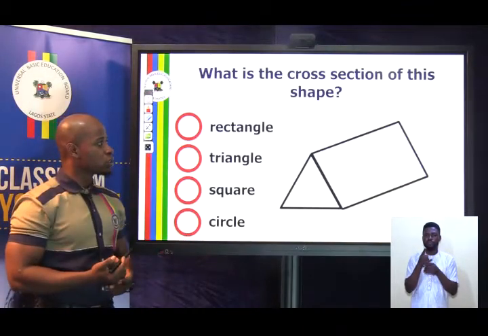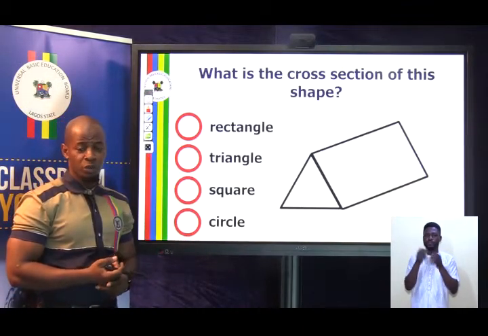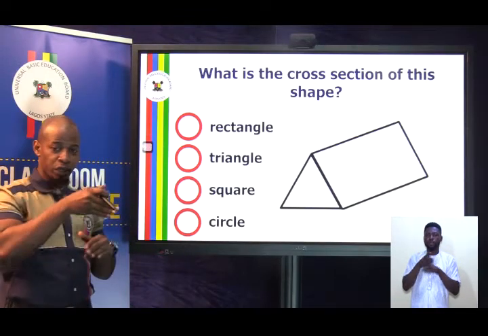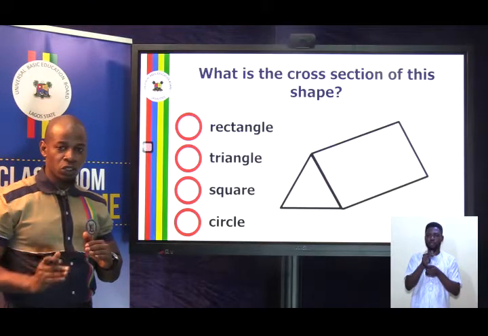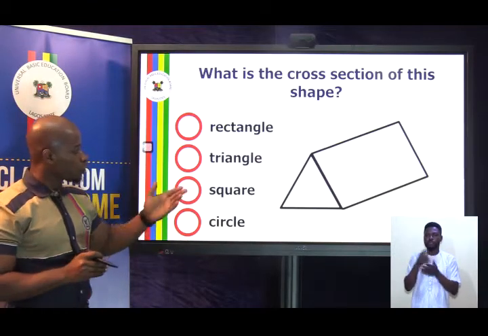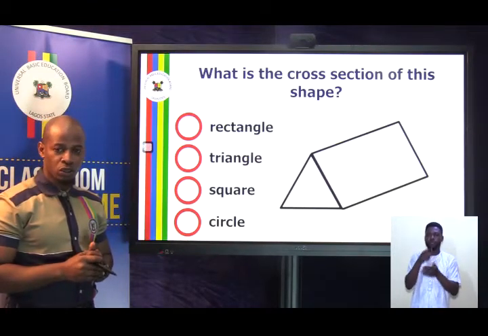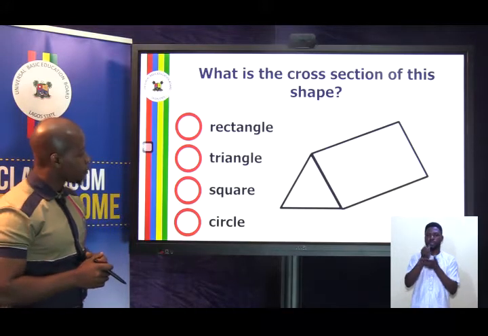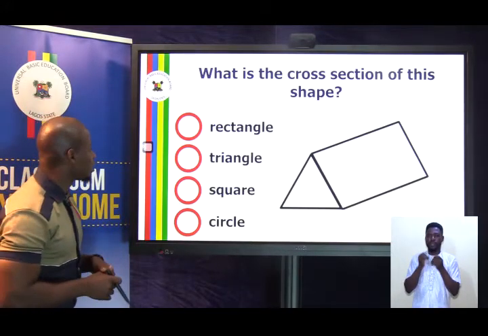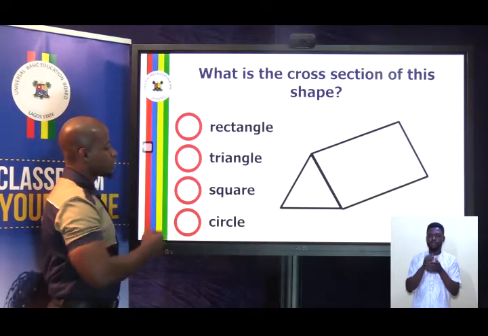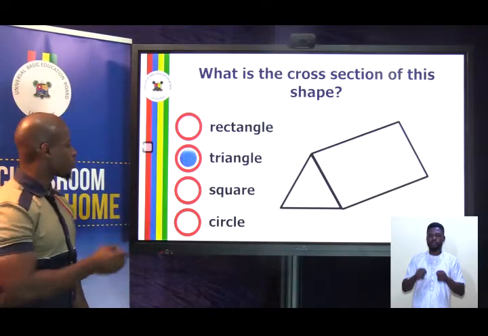What is the cross section of this shape? Don't forget that the cross section is the shape you get, the plane shape that you get when you cut a solid shape in the middle. So if you cut this shape in the middle, what is the cross section? You should have seen it by now. Well, I have seen it and I'm going to show it to you. It's a triangle. And why is it a triangle?